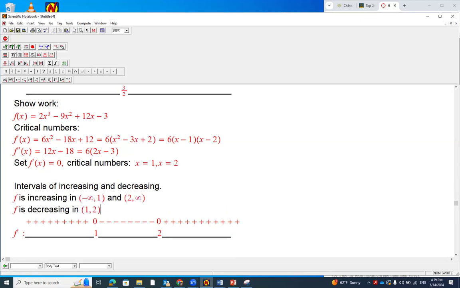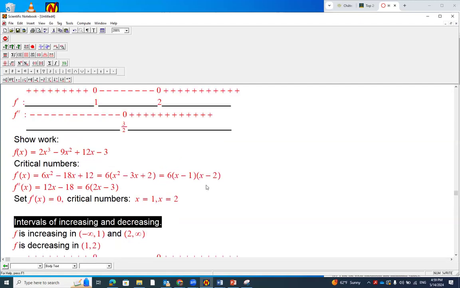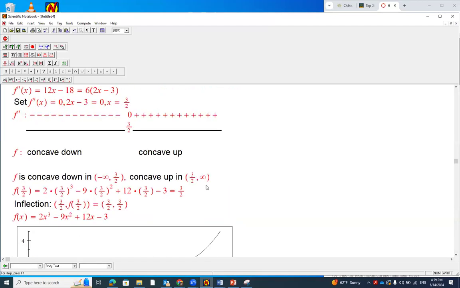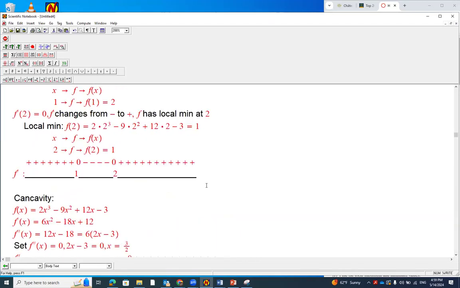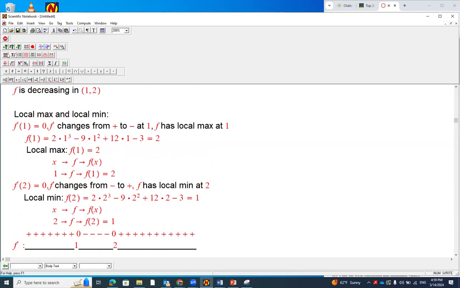You say f is increasing from negative infinity to 1 and 2 to infinity, decreasing from 1 to 2. Okay, the intervals of increasing, decreasing. So that's the first important part, because that asks us to give the intervals of increasing, decreasing. Second, local max, local min.